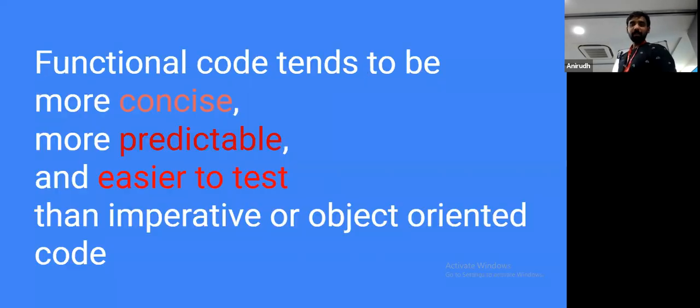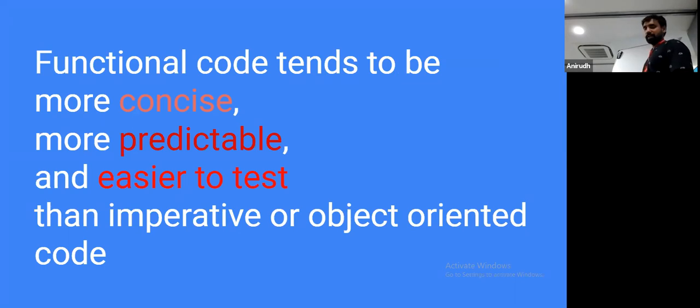So why functional programming? Functional programming is more concise, because if you program through functional programming, the coding structure is like that: you will be able to grasp easily what is being actually programmed. It's more predictable because functional programming promotes pure functions.